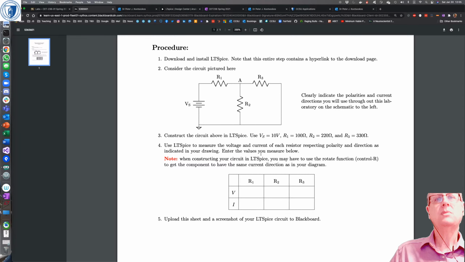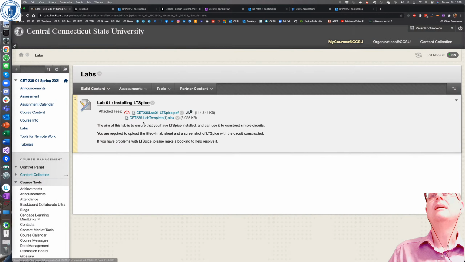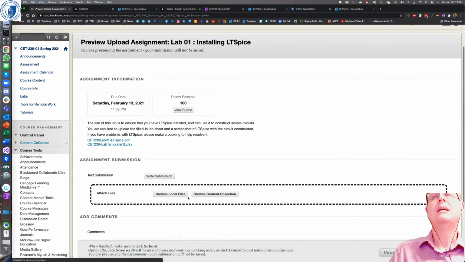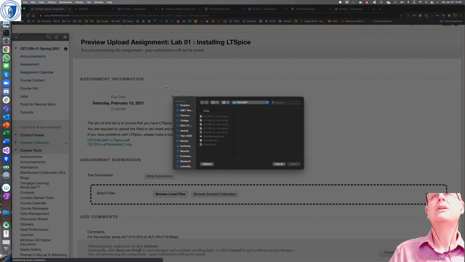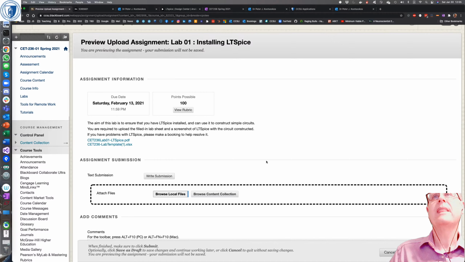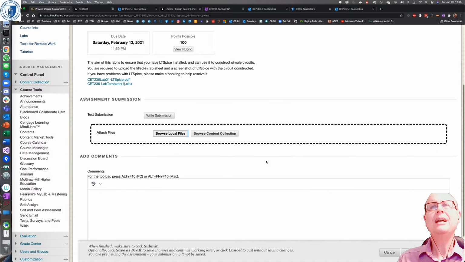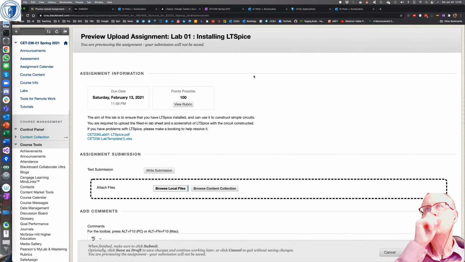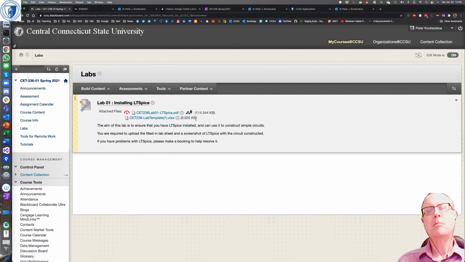And then you fill out this sheet and then go to the lab, click on the lab title, browse your local files, find the PDF that you used to fill out for the lab, and then you're done pretty much. I do want to talk a little bit about labs, but I'll talk in more detail next week.